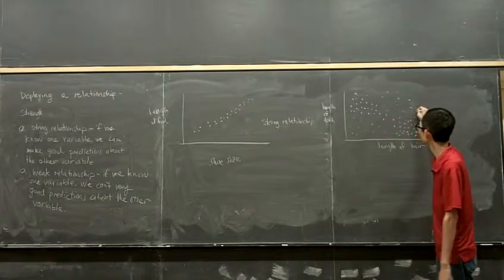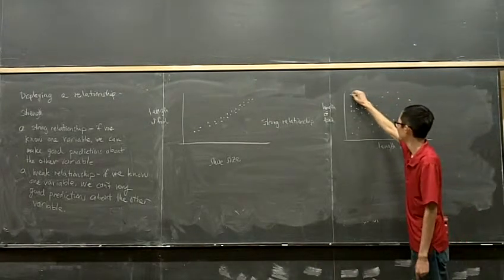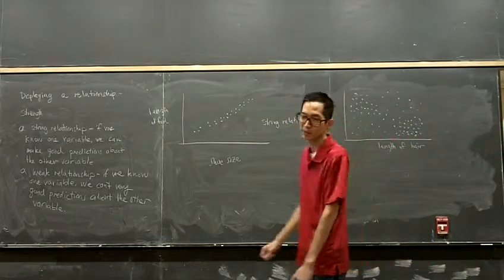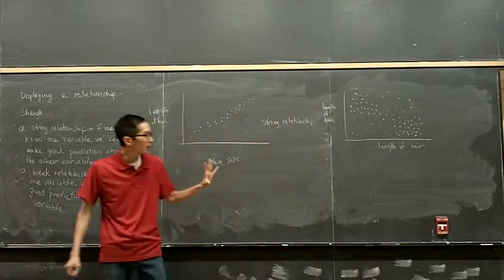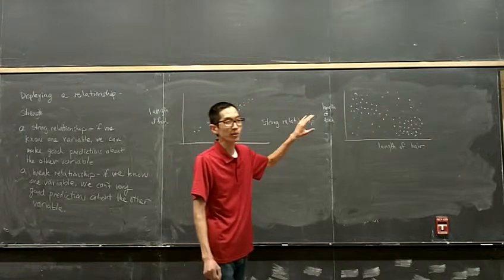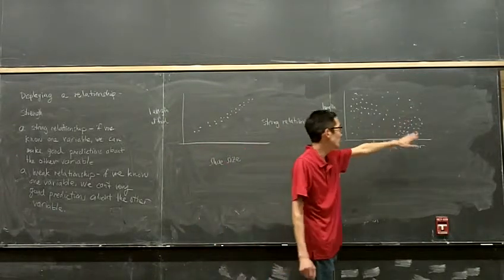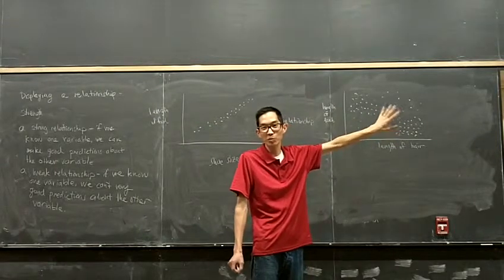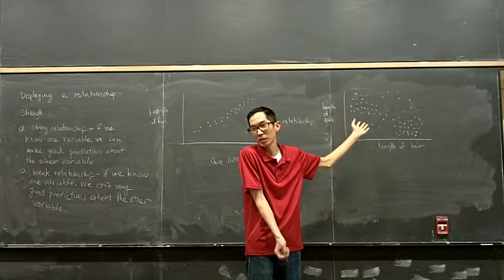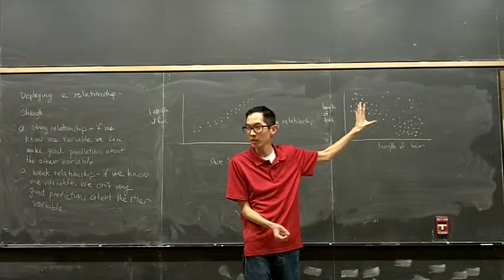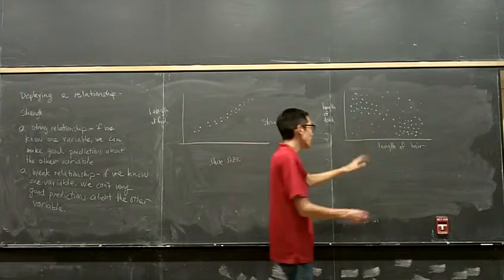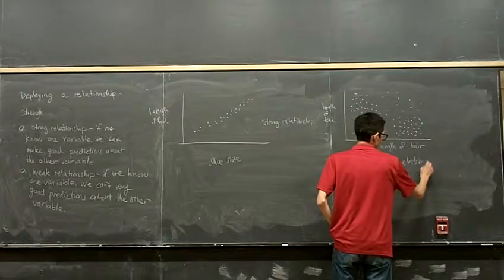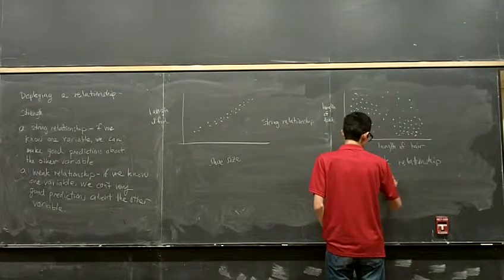You're going to have people with short hair that have small feet, people with long hair who have big feet. But overall, people with long hair might be more likely to have smaller feet than people with short hair. Okay, if you guys are kind of able to follow that. So you're going to have a weak relationship, and a negative one.